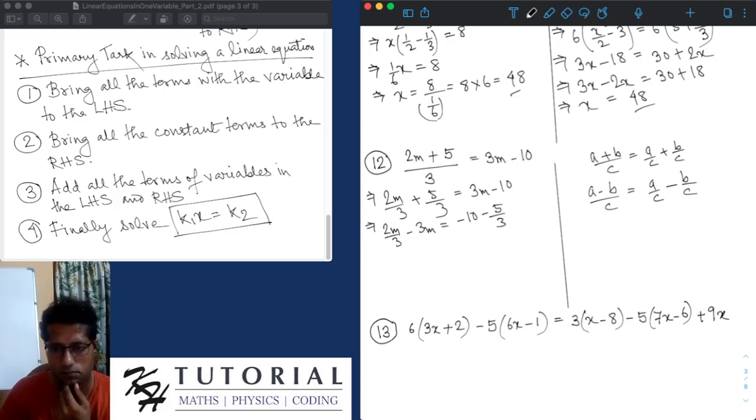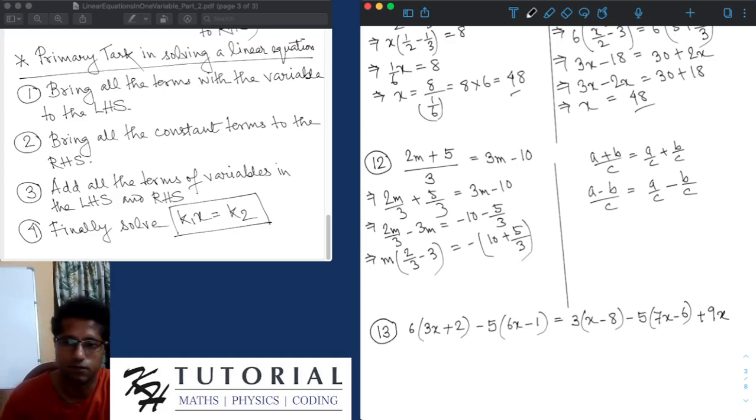In this problem, this is nothing but m into 2 by 3 minus 3, and the RHS, we can take the negative component, 10 plus 5 by 3. Now for this problem, if you are not comfortable with doing addition and subtraction of rational numbers, then it will be time consuming or difficult for you. So in that case, you can follow the method on the right hand side that I will shortly solve.